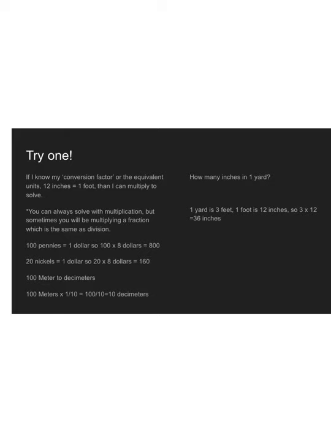For example, if we're going to do something in the metric system. If I had 100 meters and I want to know how many decimeters that is, I would first need to know how much of a meter a decimeter is. A decimeter is 1/10 of a meter.